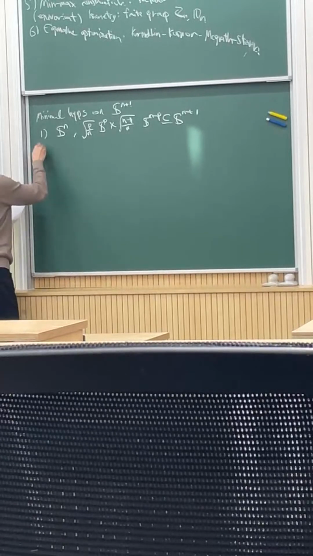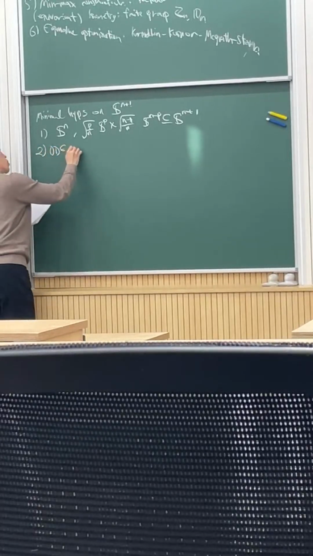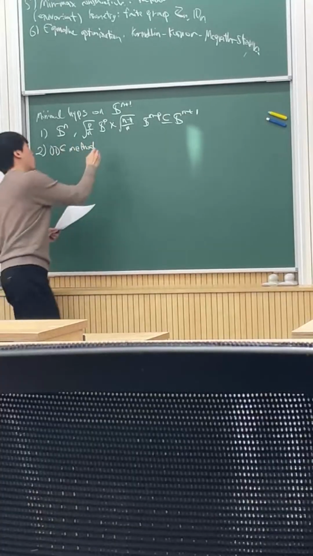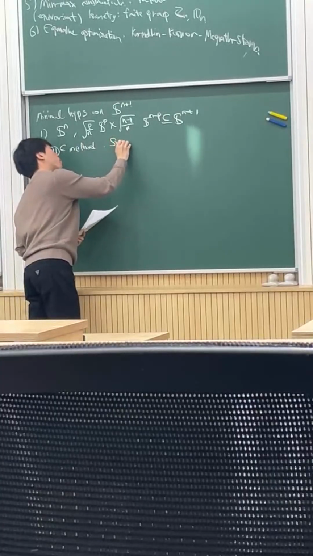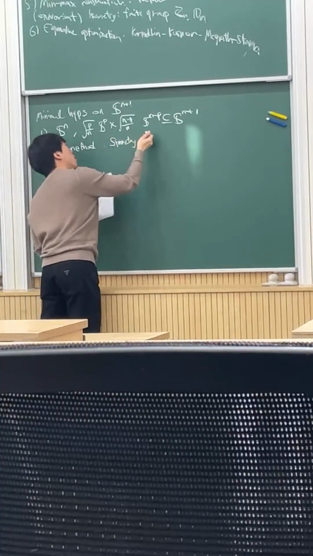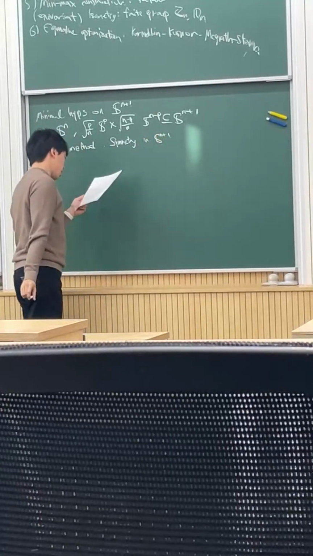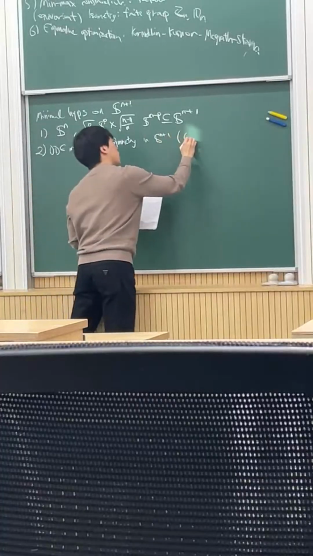Also, in higher dimension, we have more ways to construct minimal hypersurfaces, but there are fewer examples known. There are methods which are really classical: we can consider the symmetry, the isometry group in S^{n+1}. Let's call this a homogeneous construction.